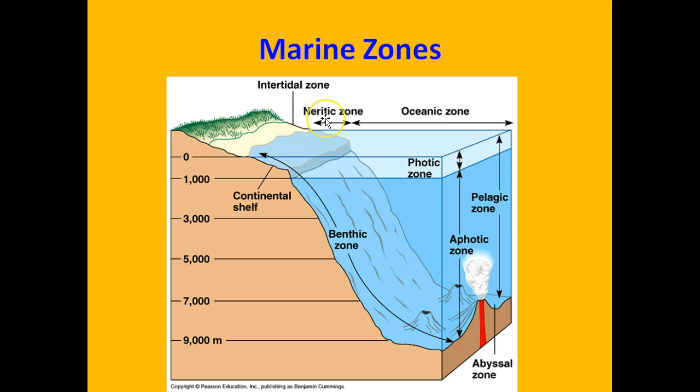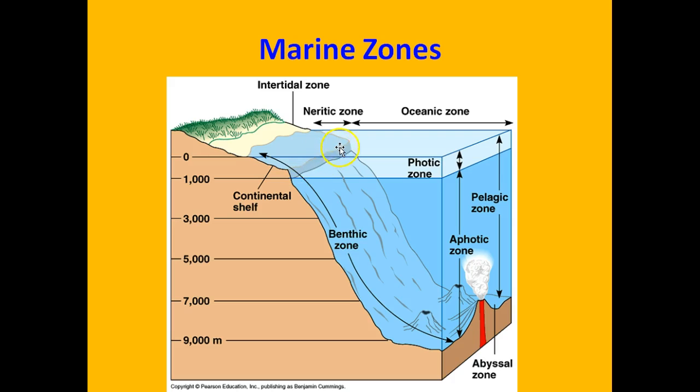In this diagram, the coastal zone is called the neritic zone, but it's the same thing. It's just a different name for it. So this area here, from the low tide mark down to the edge of the continental shelf, where you can see it kind of drops off right there, that is called the coastal zone.